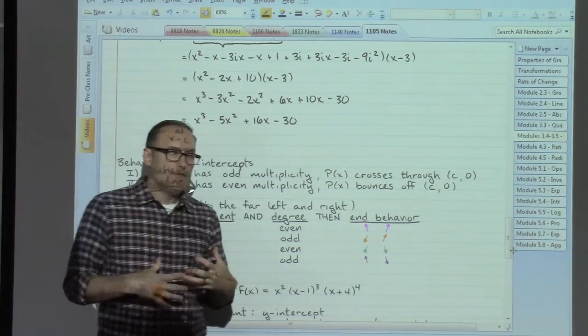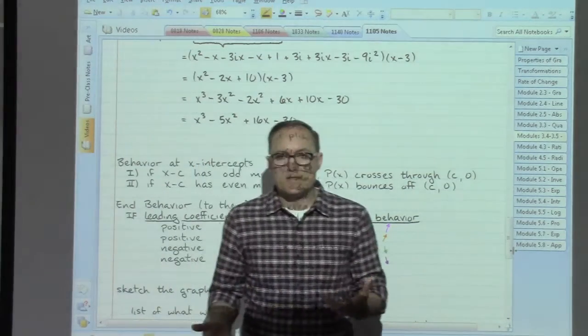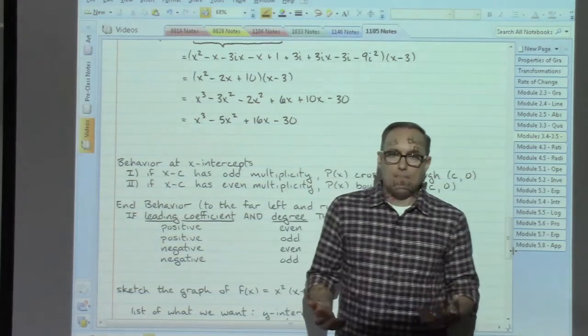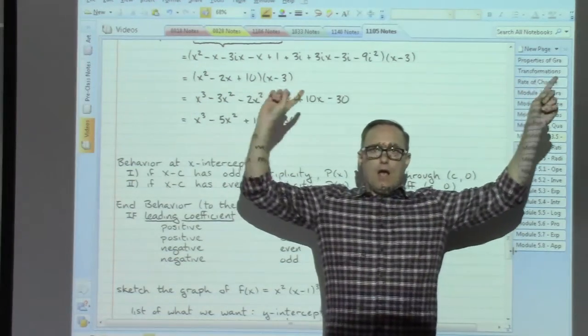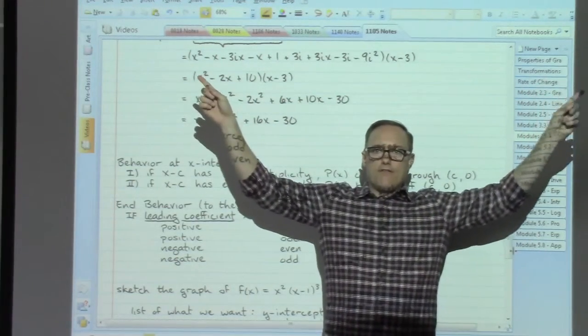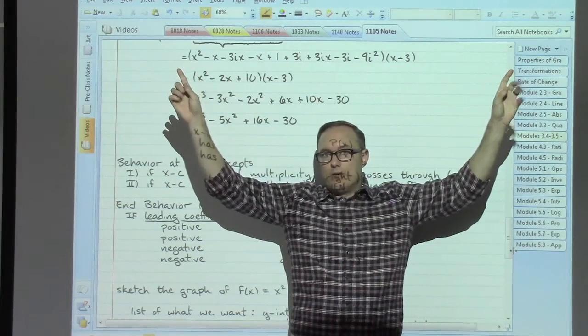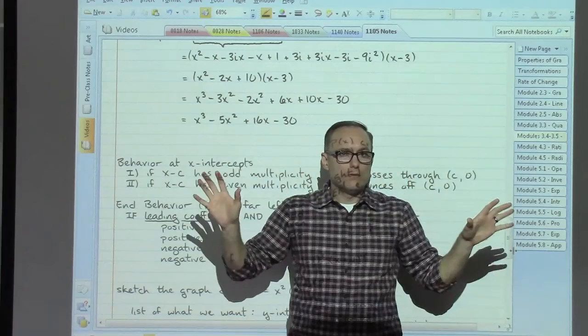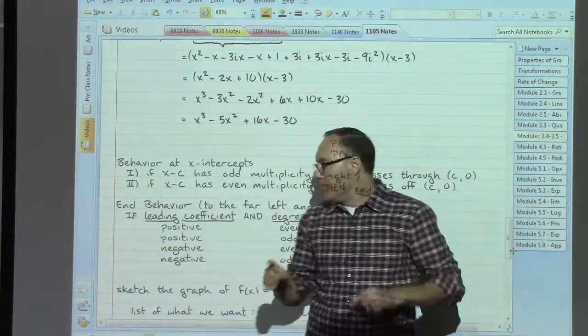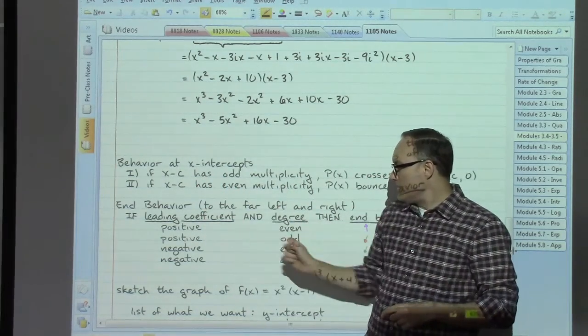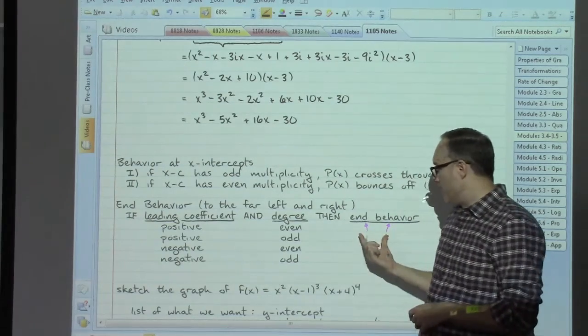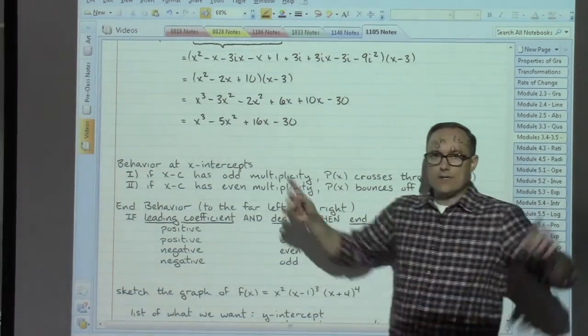So we can have stuff that works like the quadratics, that if we've got a positive leading coefficient, our very far left and very far right ends will go up like our parabola does. Can't say what's going on in the middle, but if our leading coefficient is positive and our degree is even, those far left and right ends both go up.